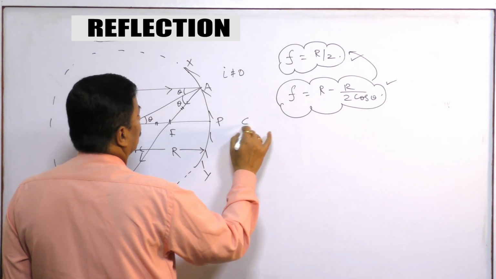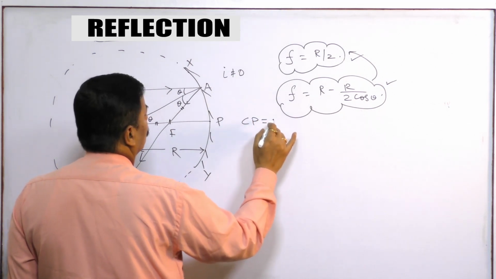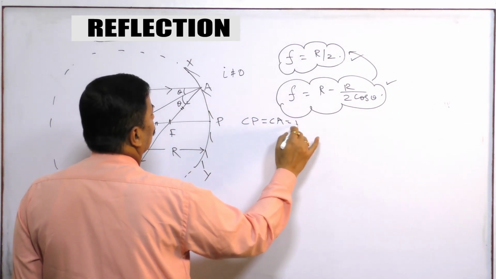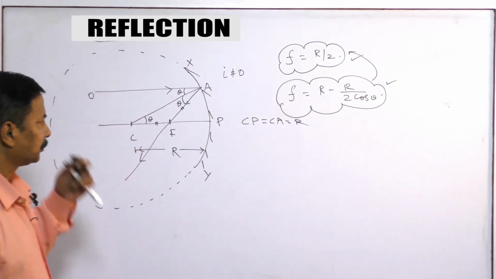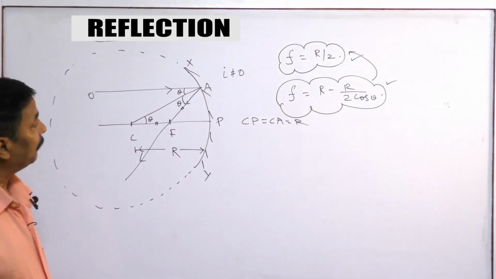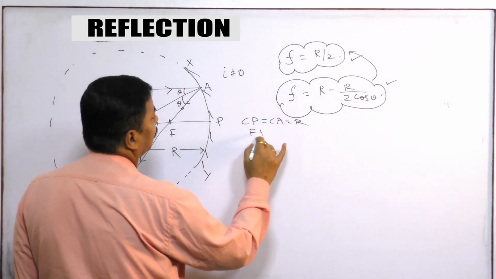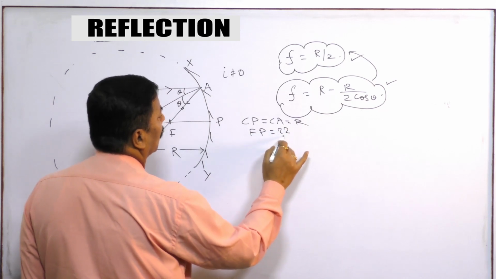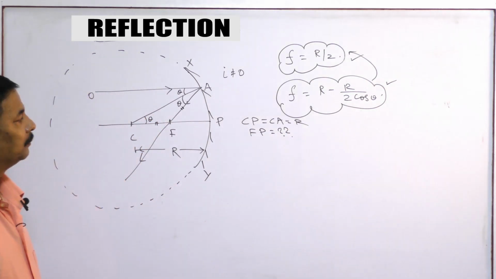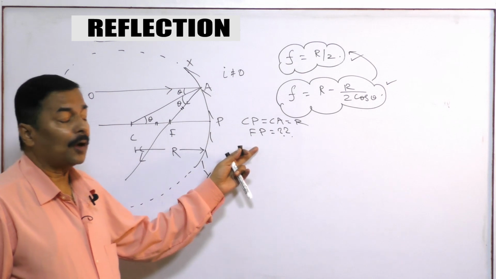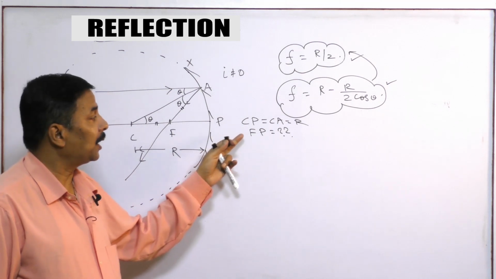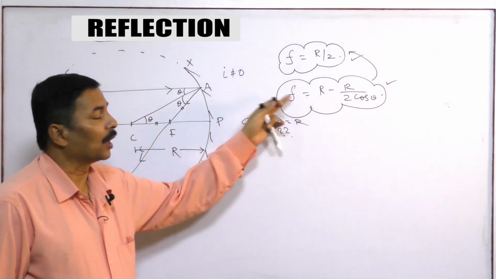So CP is equal to CA is equal to R. Now we have to find the value of FP. FP is equal to how much? This we have to find, which in the case of a mirror of a small aperture we call the focal length.